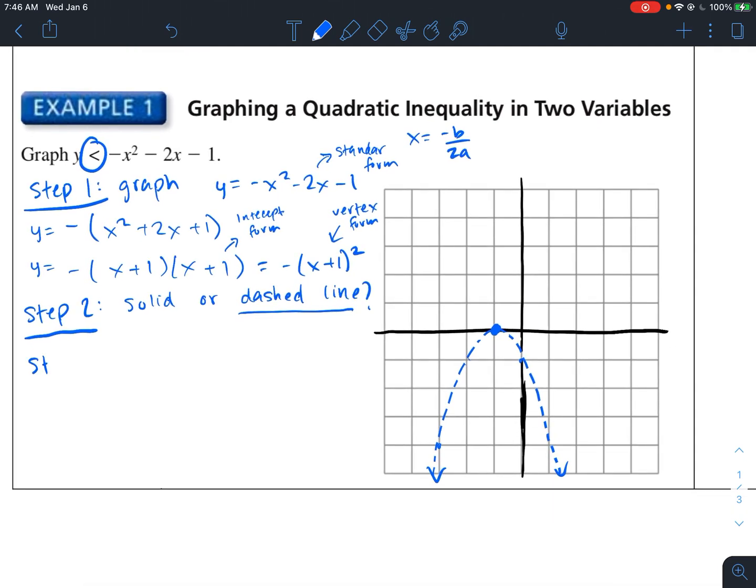Now step 3 is to test a point in the shaded region.